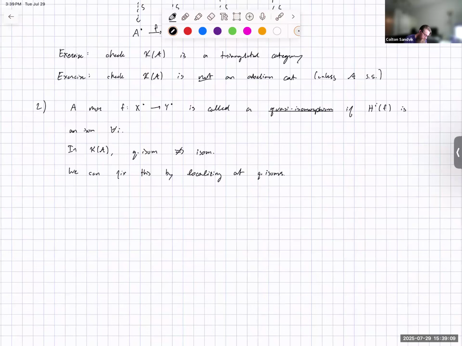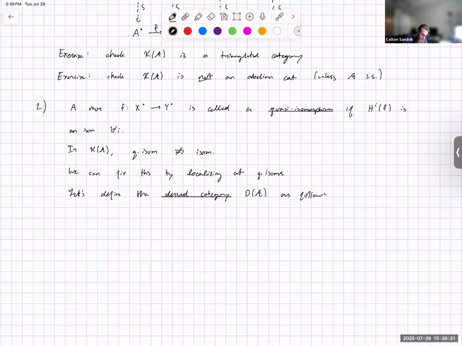So let's define the derived category. I'm going to denote it D of A as follows.